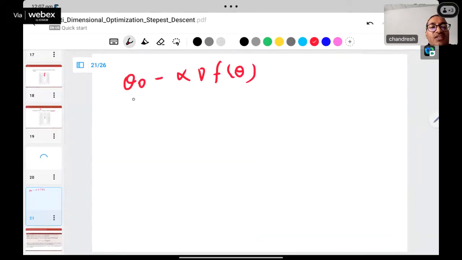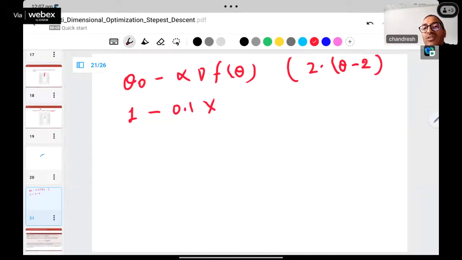Theta 0 is initially 1, alpha is 0.1, and the gradient is 2 times (theta minus 2). In this we plug the value of theta, which in this case is 1. In the gradient equation, you will get minus 2. That's how you get 1.2.